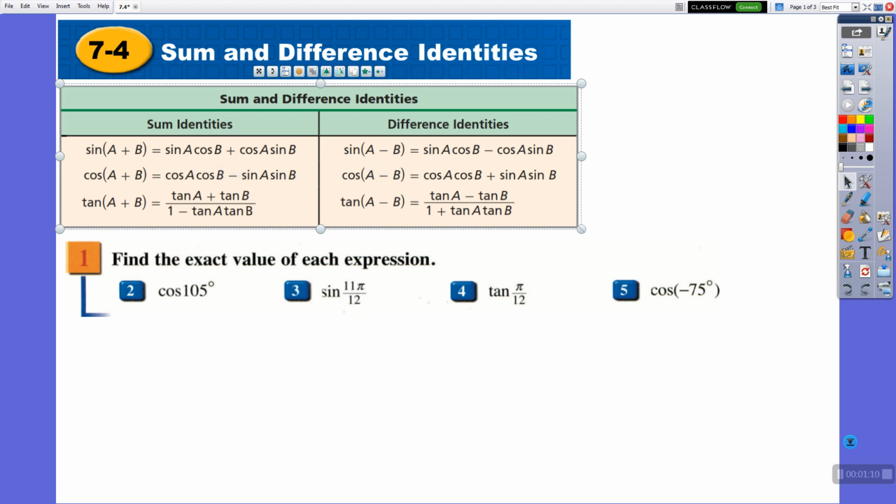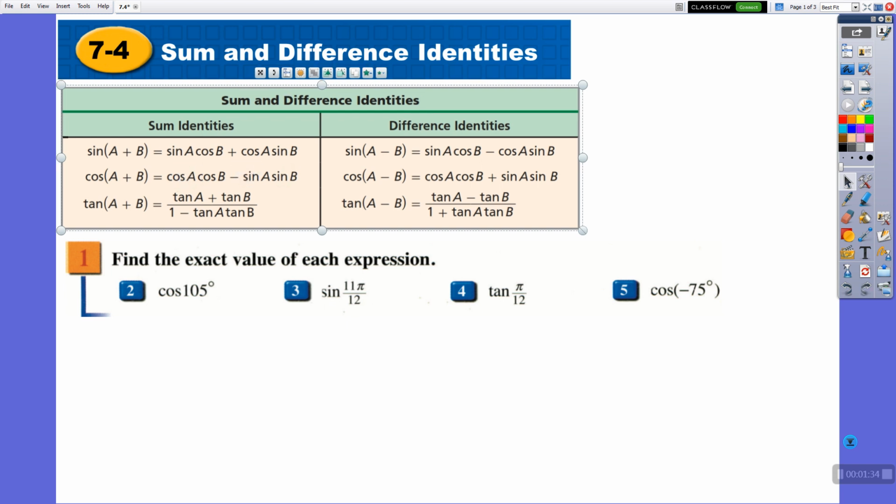If we have subtraction inside, in the expansion we have addition. The signs are different. Unlike sine, in function cosine, signs are different. And the other difference here is we have cosines together, sines together. But for function sine, you have sine and cosine together.